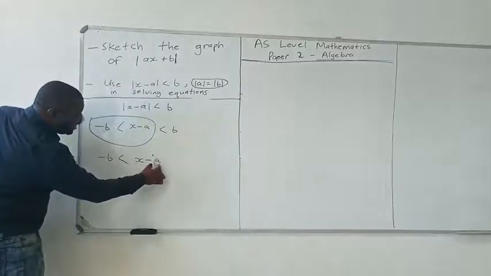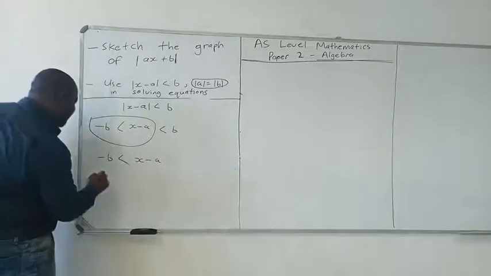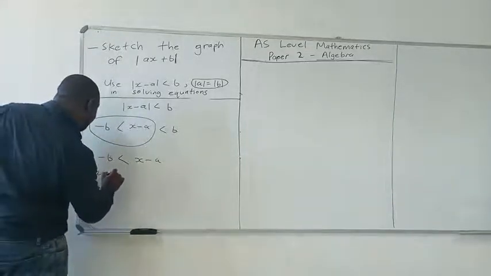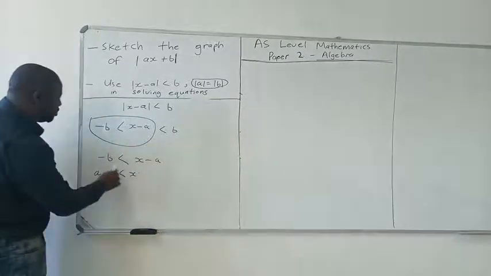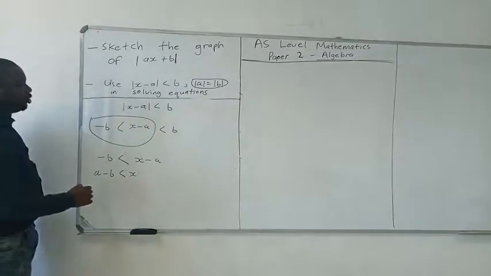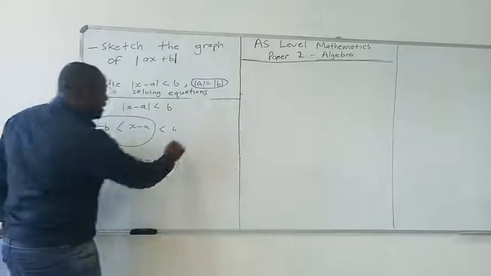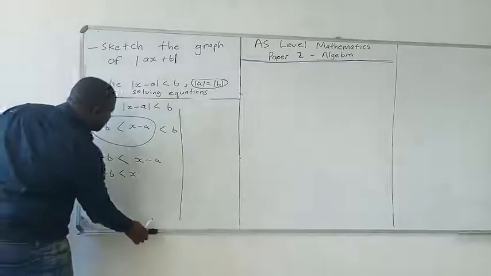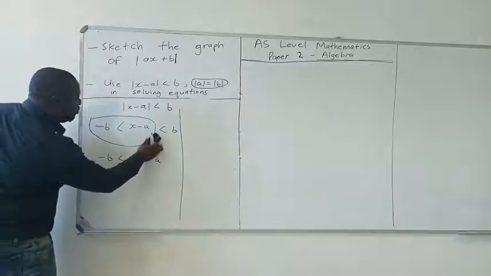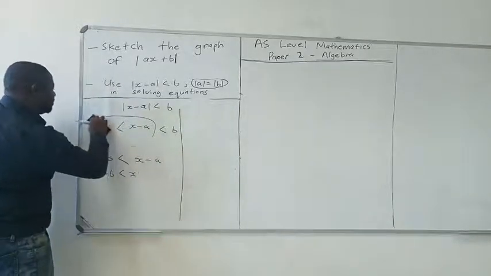We take the a to the other side and it becomes a minus b is less than x. So this is the first solution. And then we look at the other side.